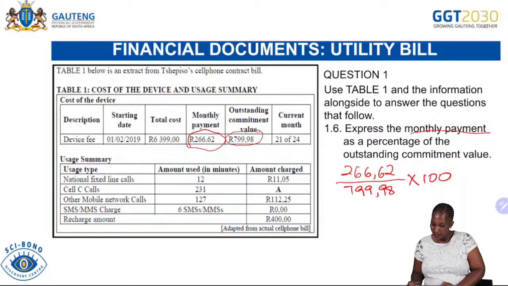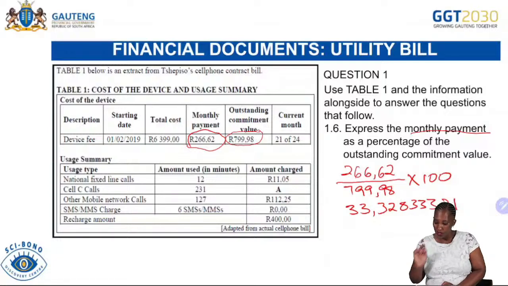266,62. We divide it by 799,98, and then we multiply the answer by 100. We get our percentage to be 33,283,333,2,1. This information I got it from where?